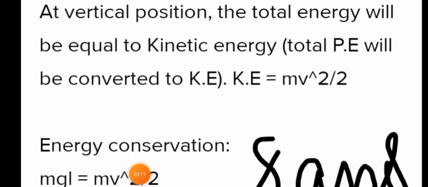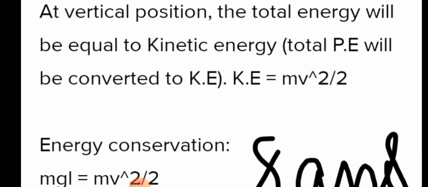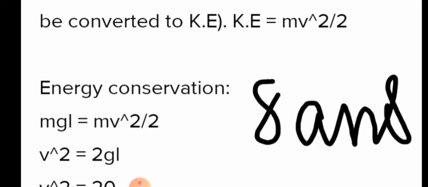At the vertical position, the total potential energy will be converted into kinetic energy. We know the formula for kinetic energy, half mv square, or mv square divided by 2. From the horizontal position it will have potential energy, so potential energy is equal to kinetic energy.